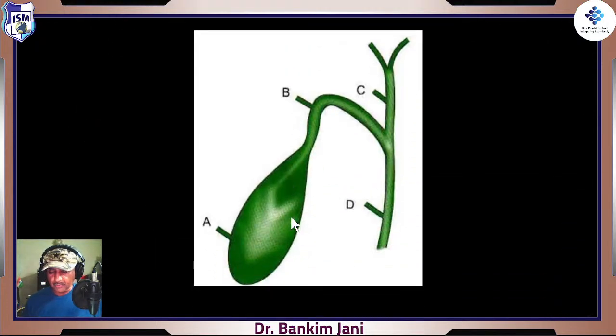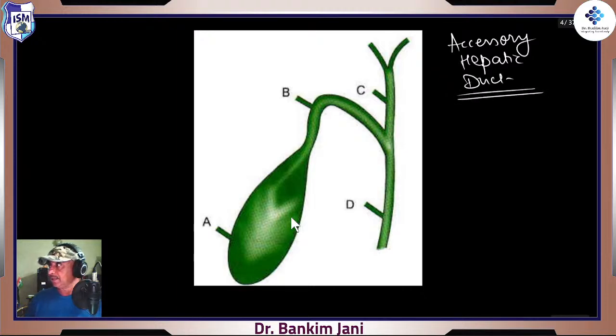Now see, this is about some interesting thing. These are what are called the accessory hepatic ducts, right? Common bile duct supply transverse colon? How come, transverse colon? No, no. The CBD opens into the second part of the duodenum, right?